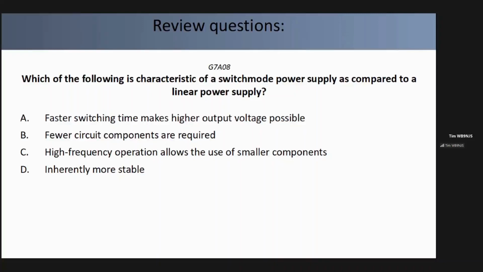The switching supplies, or switch mode as they refer to here, utilize a high frequency operation and allow the use of smaller components. So a switch mode power supply is going to be a lot lighter, more compact than the traditional linear or analog power supply. One caveat is they can generate RF noise. So in some circumstances, that is a drawback of a switch mode power supply, but they are lighter, smaller.